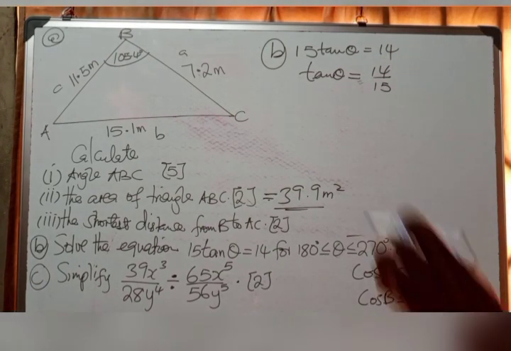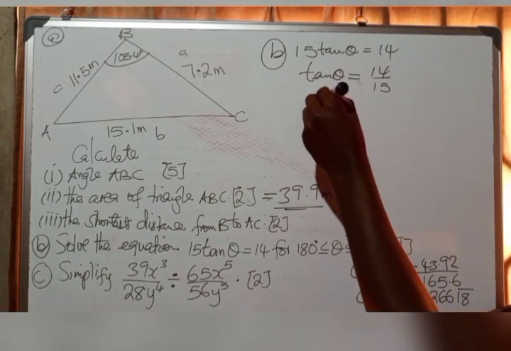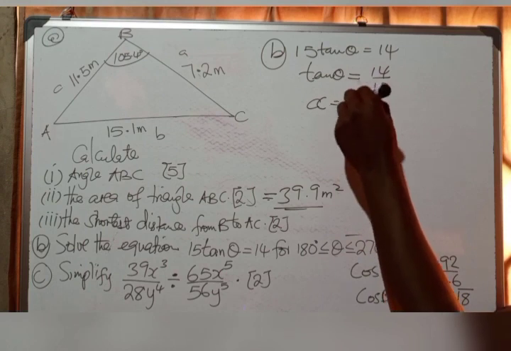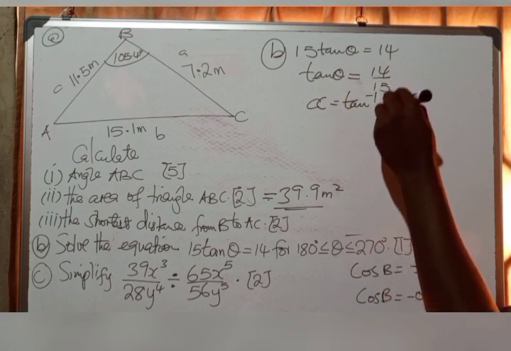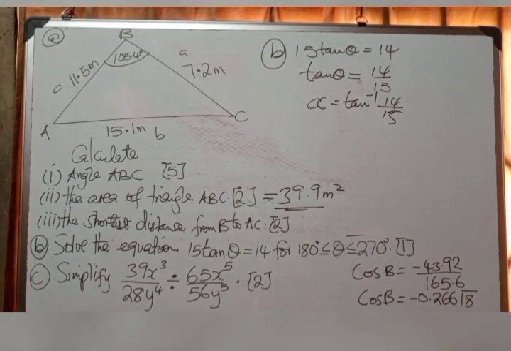Then now we find the reference angle of this. So the reference angle, we use alpha. Alpha is equal to the inverse of tan 14 over 15. What is the inverse of tan 14 over 15?